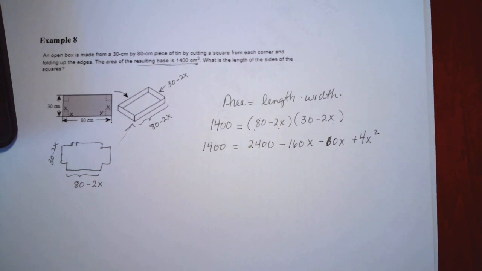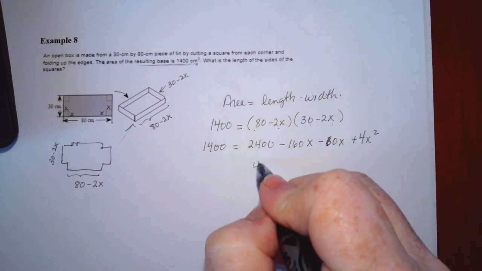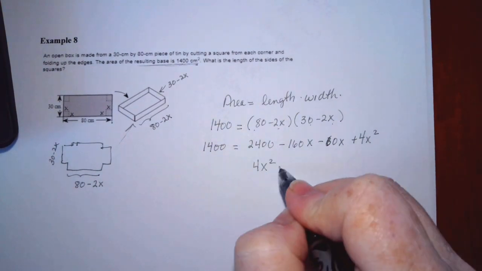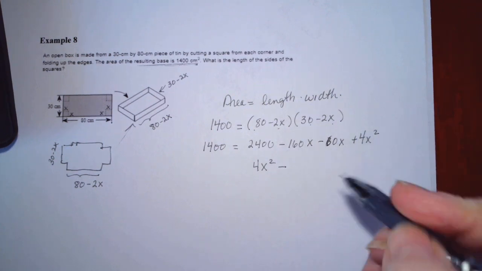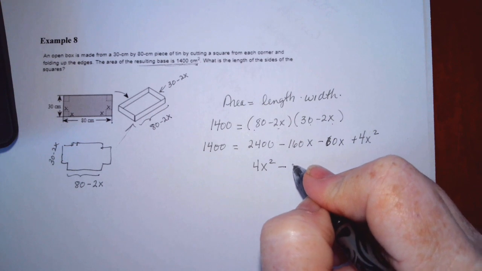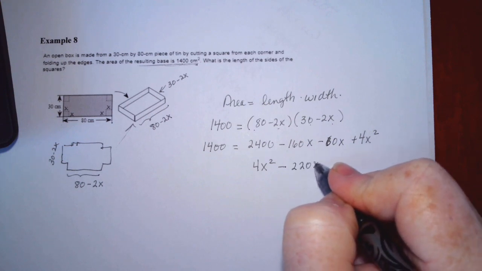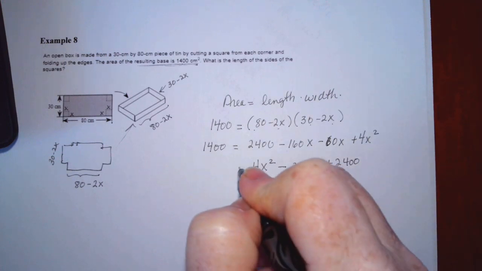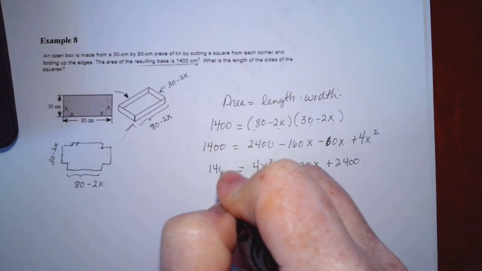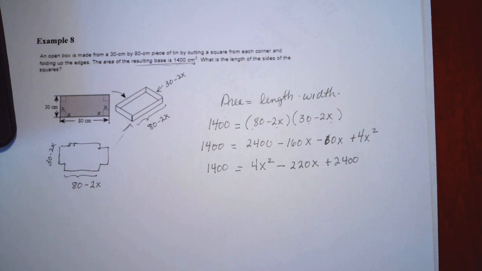So we have 4x squared minus 160 minus 60 is minus 220x plus 2400 is equal to 1400.